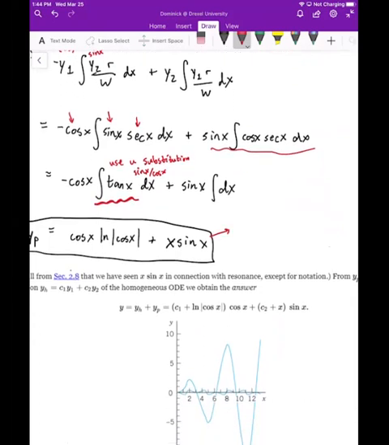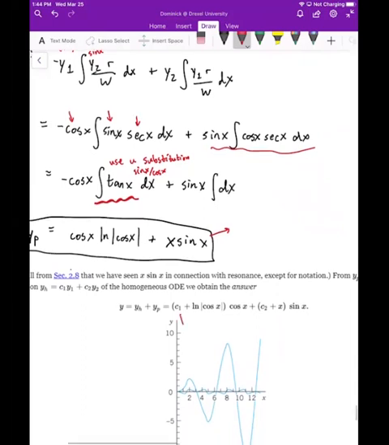Your homogeneous solution is coming from these two, and your particular solution is coming from these two.